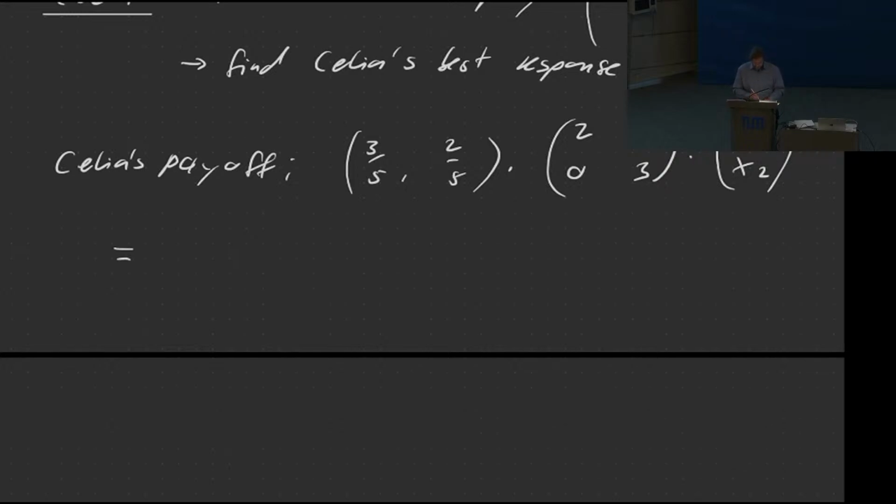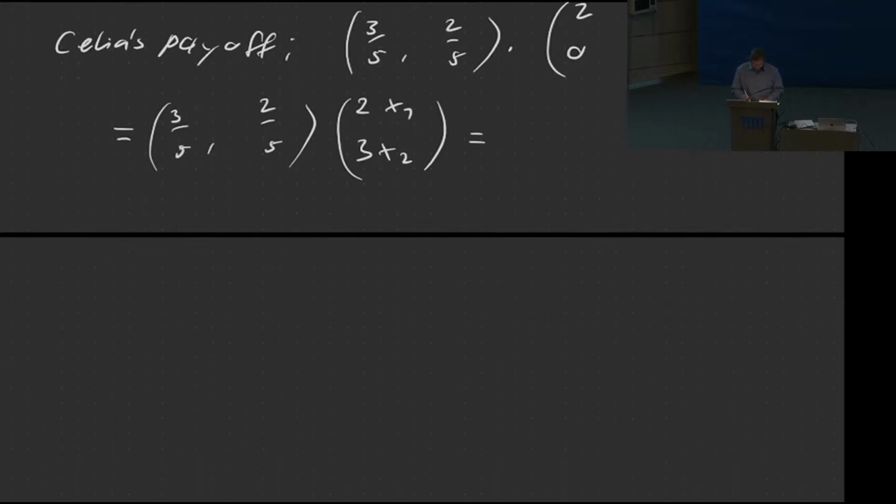Well, if we do that, what do we get? 3 over 5, 2 over 5 here. So this first multiplication gets 2x1 and 3x2. And that means we'll end up with, let's see, 6 over 5 x1 plus 6 over 5 x2. So this is 6 over 5 times x1 plus x2. And again, same as before, those sum up to 1.